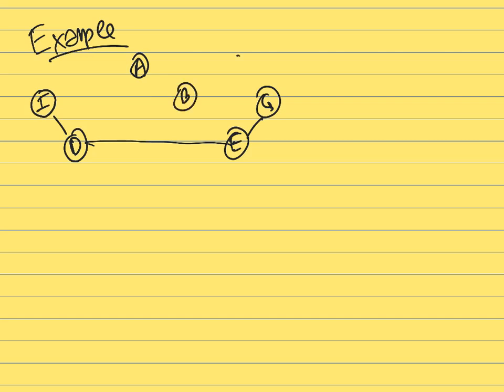So for this, let's take an example that looks like the previous one, but not exactly the same. Let's assume that you start with a state A like this, and your goal is to reach the state G. Same thing, you have two possible roads like this. Let's assume that it looks like this, and then you have state A here, state B, and state C, which are connected to each other like this.